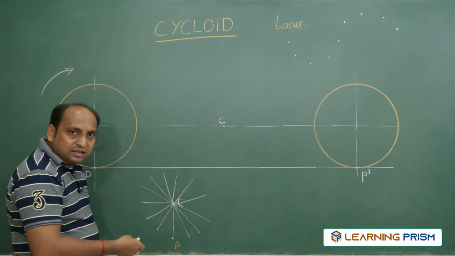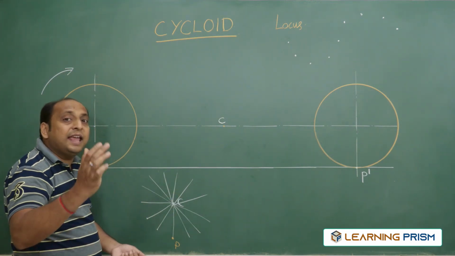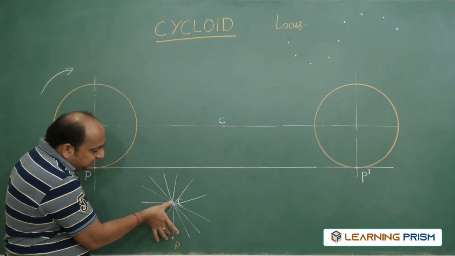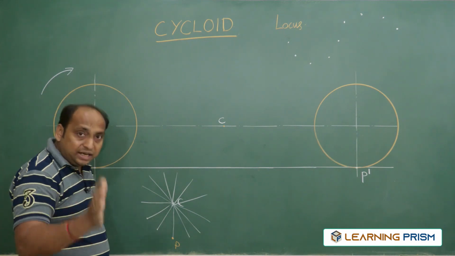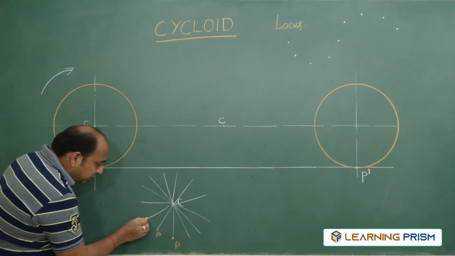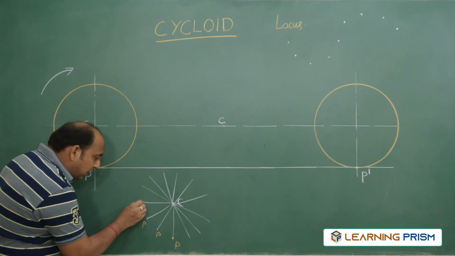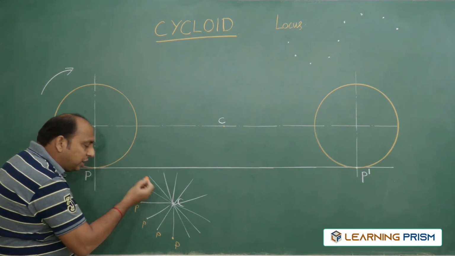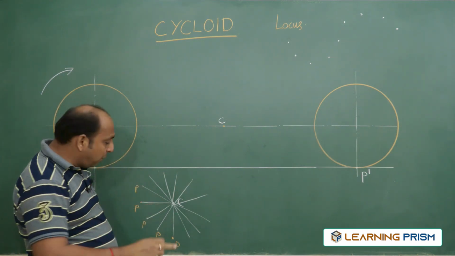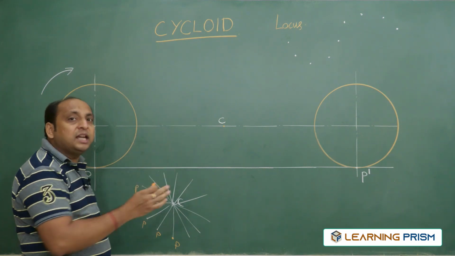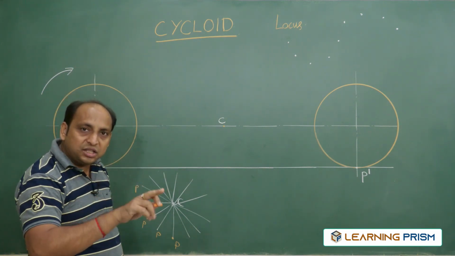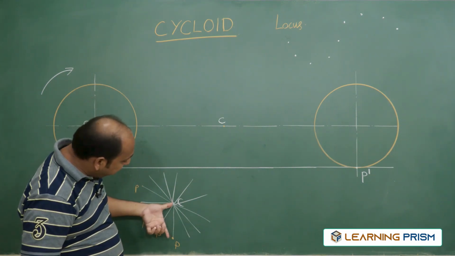These are the lines drawn with the same distance that needs to be maintained. So CP is the distance that should be maintained; it's a condition. So this is also point P, this is also point P, this is also point P. All these points are the positions of the point P when it is moving in a particular path with the condition being satisfied.